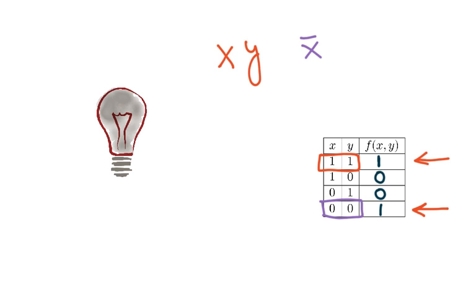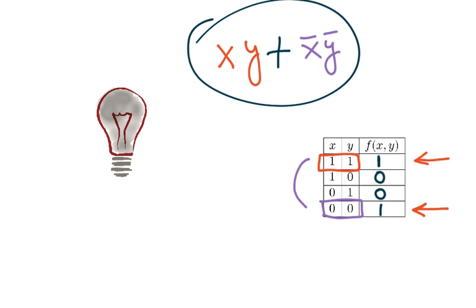So that means that we have to add the minterm complement of x and complement of y. Now we want the function to be 1 when any of these two things happen, so we know that we have to put here the Boolean addition. And this is the expression then of a function that does exactly what we wanted.